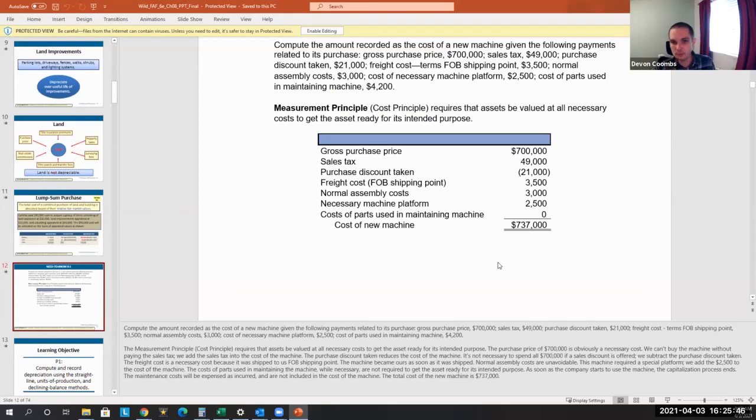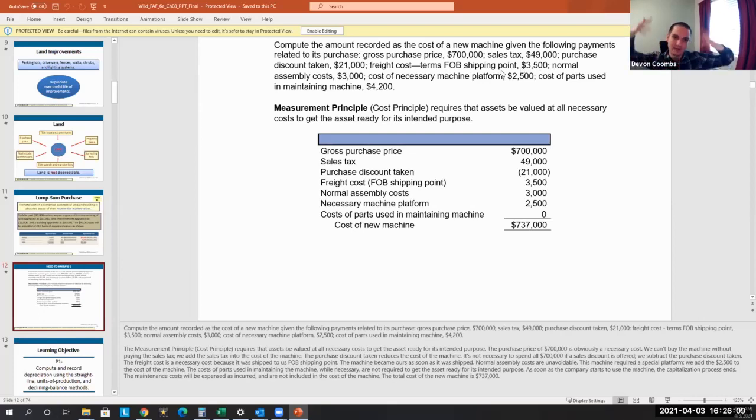And so here's an example that we can go through. Compute the amount of cost of the new machine given the following. This is something that we will see on your homework or quizzes. The gross purchase price is $700,000. We have some sales tax associated with it. We took a discount. We have an FOB shipping point, which means that we're going to be paying for the freight costs, right?